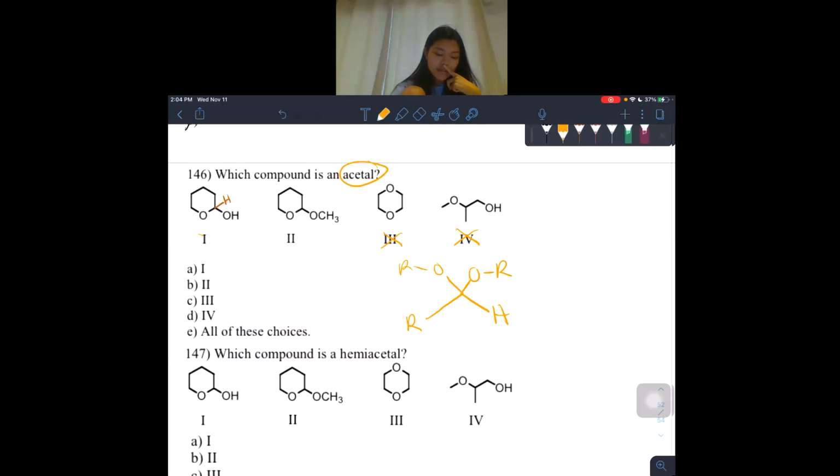So this one is not our answer. This one also has a hydrogen in the same spot, but instead we have an OCH3 group. Since that is an OR group, that is going to be our answer. So the answer for this one is 2. So remember, we're looking for an acetal, so we should not have any OHs. We should only have an OR group.